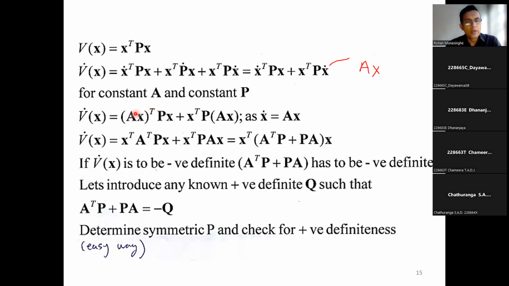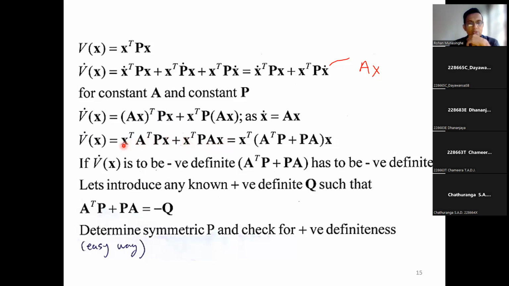Therefore, (Ax) transpose is equal to x transpose times A transpose, like that. So then if you look at the pattern here, x transpose A transpose Px, and then over here, x transpose PAx, right? You will see the pattern.